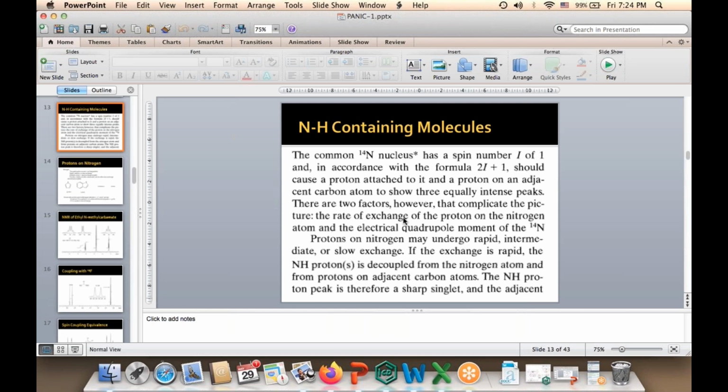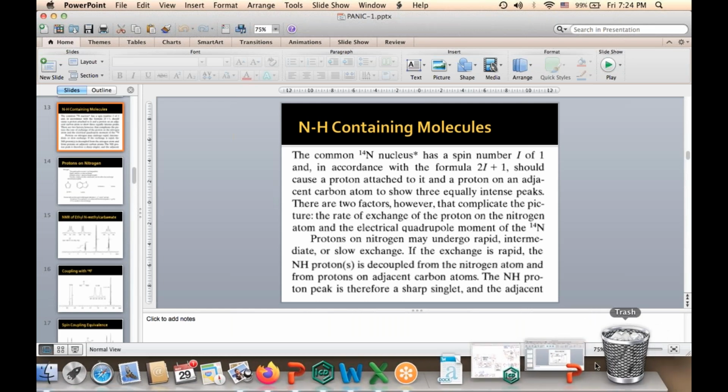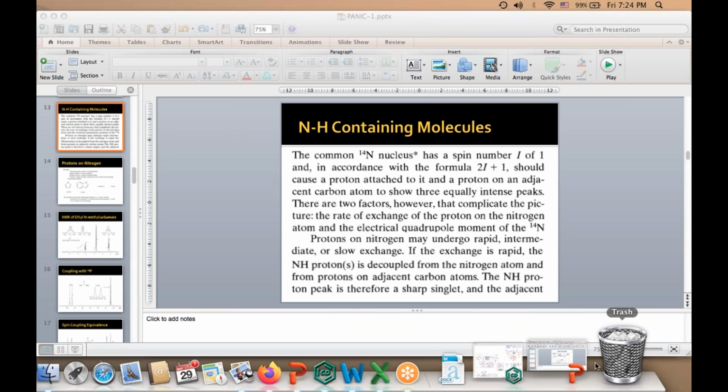That may be 300 or 400. What else do you want to know? I don't know what you mean by the radio frequency in megahertz. Can you be more clear or more elaborate the question?